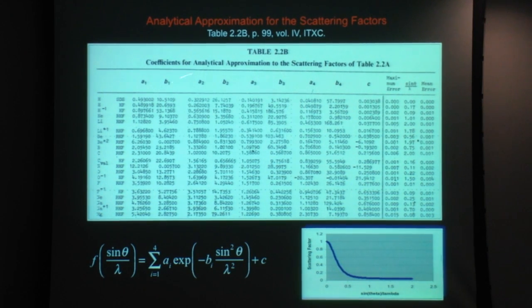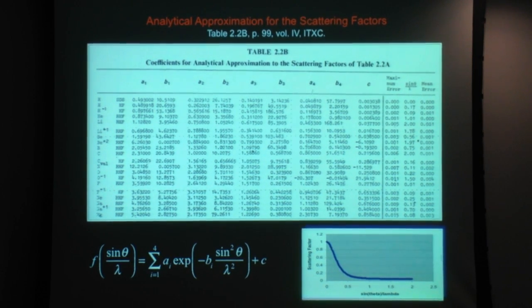So what's tabulated here are the least squares evaluated coefficients for a function like this. So we don't have to just be considering steps of sine theta over lambda, say of 0.01, 0.02, 0.03. Here we can calculate at 0.015, for example, or 0.0223 in this function. So we can calculate the scattering factor value at any desired sine theta over lambda value.